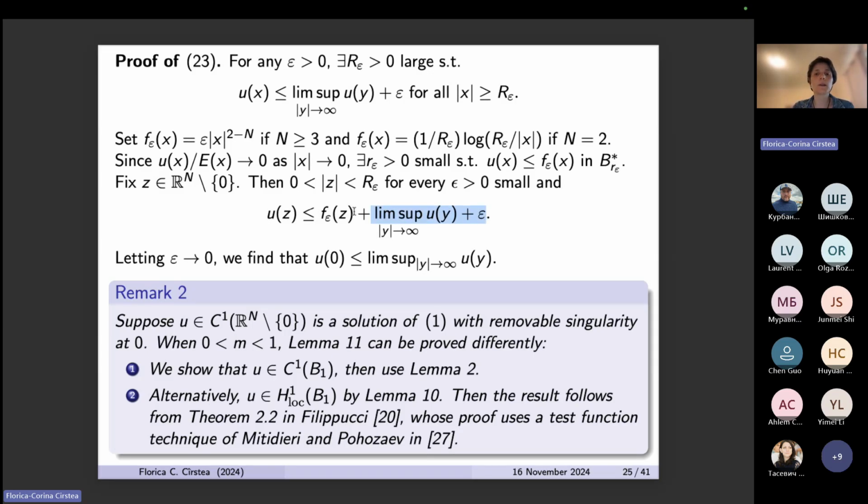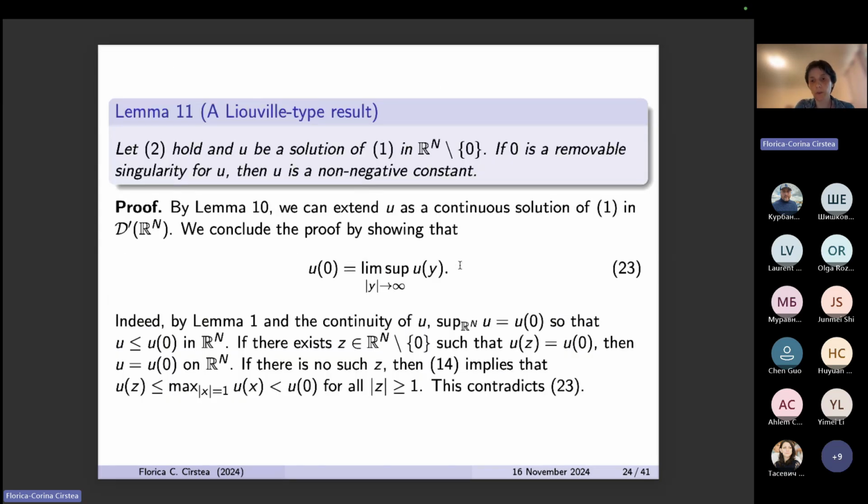And in between, by the comparison principle, because the right-hand side here, phi epsilon plus the constant, this limit superior plus epsilon, is a supersolution, you have the inequality extended for every z in Rn different from 0, and then we take epsilon going to 0. You take epsilon going to 0, and you get that u of 0 is less than or equal to the limit superior. And that finishes the proof, because we know that u of 0 is the supremum of u on Rn.